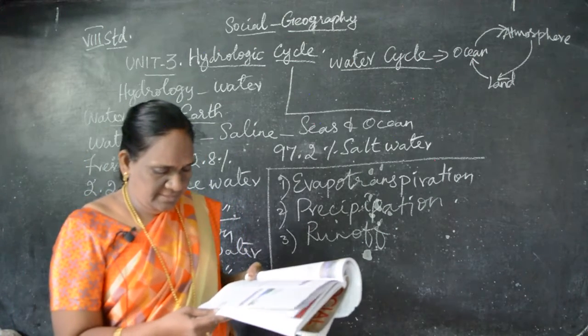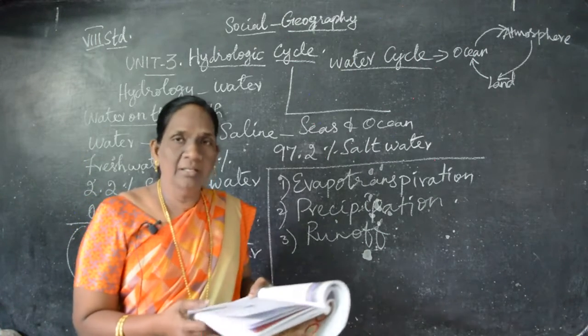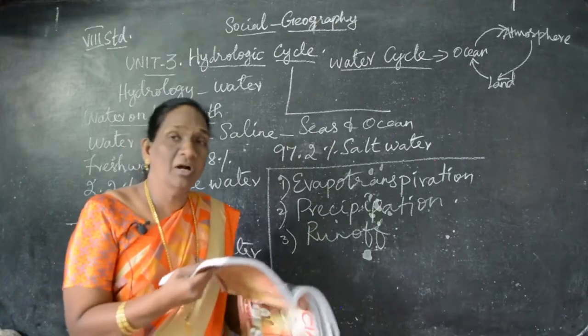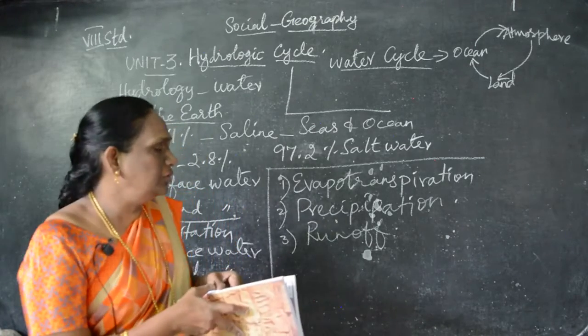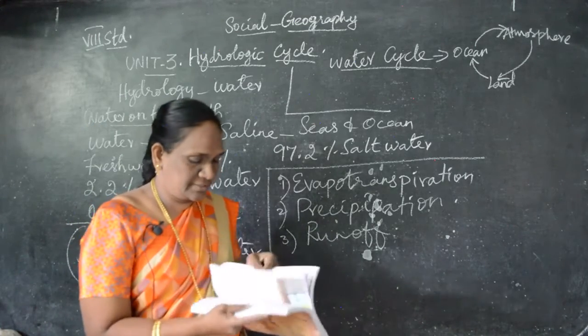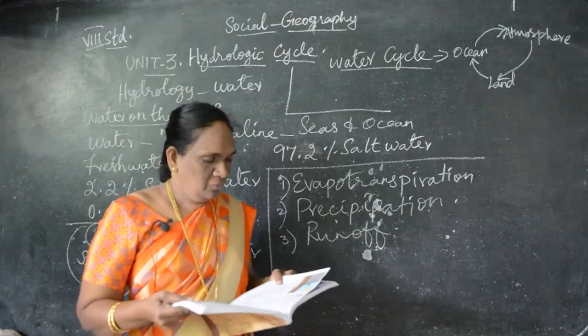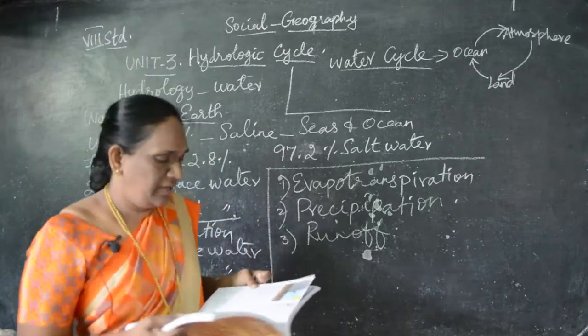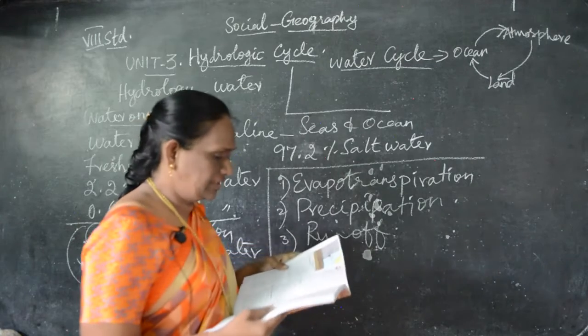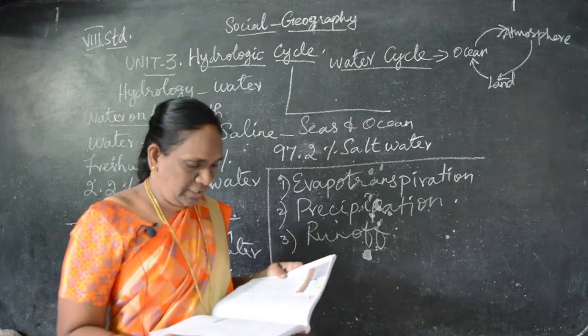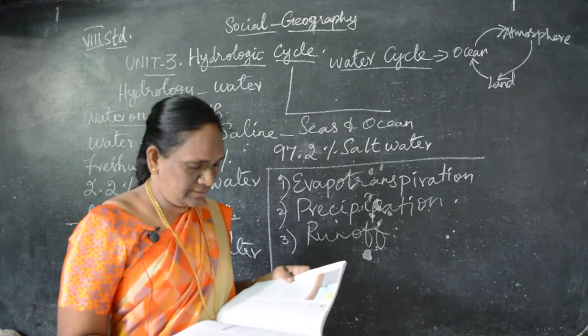Understand? In the following paragraph we will see what is evaporation. I told you that there are 6 components of hydrologic cycle. We saw them. What are they? First one is evaporation. Then transpiration. Third one is condensation. Understand?